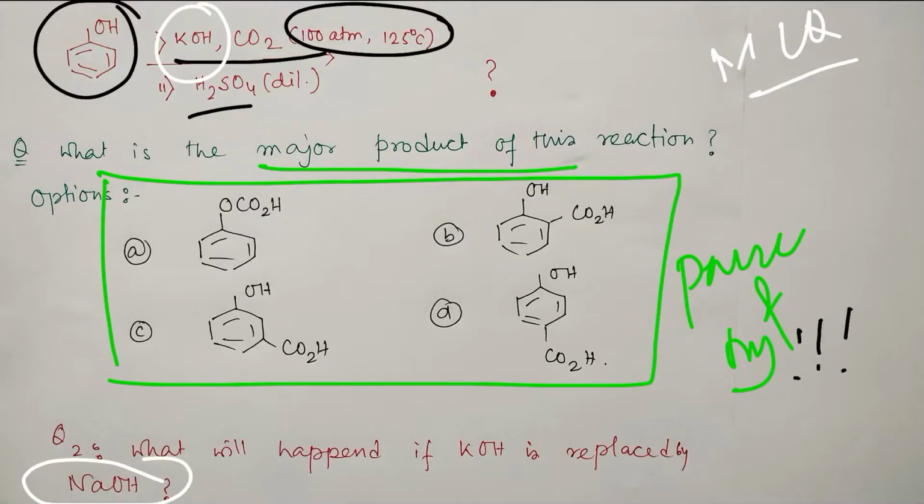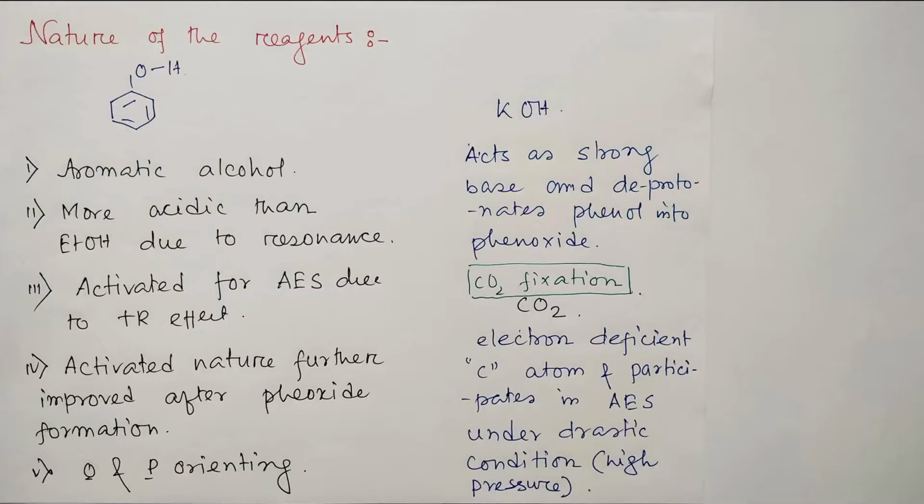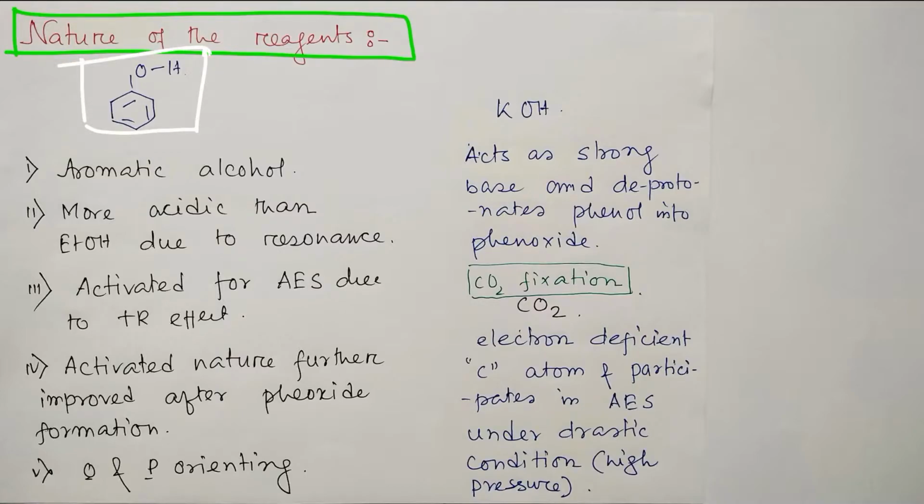So let's start. As usual, I first discuss the nature of the reagent, because if you understand the nature of the reagent, you can solve any kind of problem. First of all, the first reagent given is phenol. This phenol is an aromatic alcohol, and it is more acidic than ethanol due to resonance stabilization of the corresponding O minus, the conjugate base.